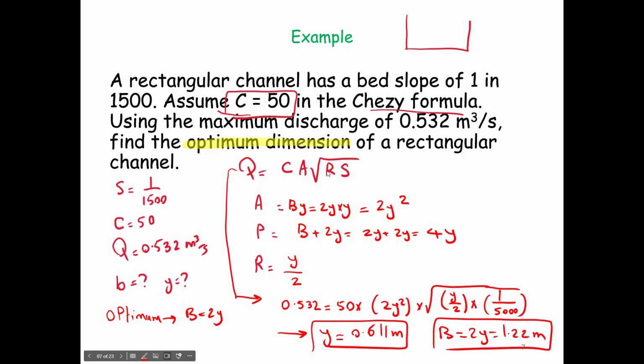And be careful, when I said dimensions, it means that I need all the possible dimensions. If it's trapezoidal, I need Z as well. But B and Y are required for sure. So just don't go for Y, calculate B as well. So that's a mix of two concepts, using Chezy and best hydraulic section mixed together.